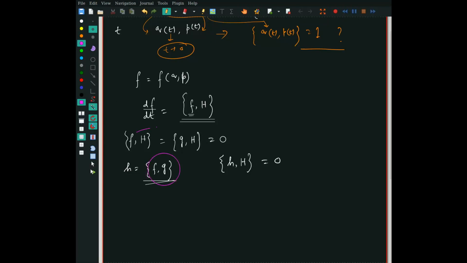So you started from f and g, you assume these two are your conserved quantities, and then you found that this thing h is also a conserved quantity. So you can prove this by employing Jacobi's identity. Now you might wonder, in this way can I keep on finding an infinite number of conserved quantities, because now I have found h.